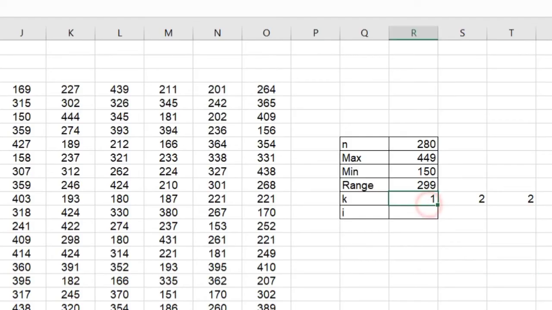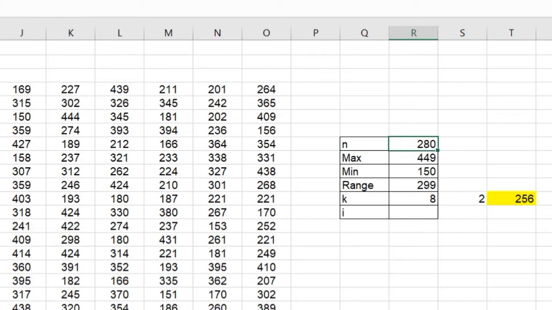If k is equal to 2, it is 4. If it is 3, that's 8. So let's try higher. First 5. Kung 5, 32. What if the k is equal to 6? So that's 64. If it is 7, that is 128. If it is 8, 256. So mas mababa pa rin siya dito kay 280. So dapat it is higher.